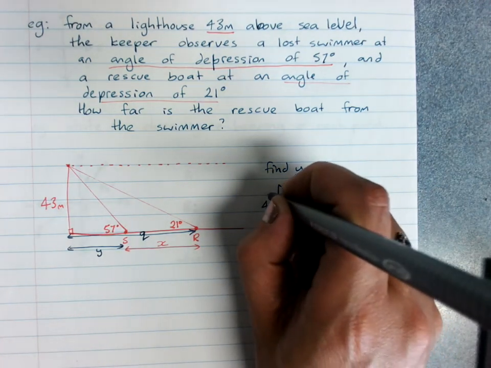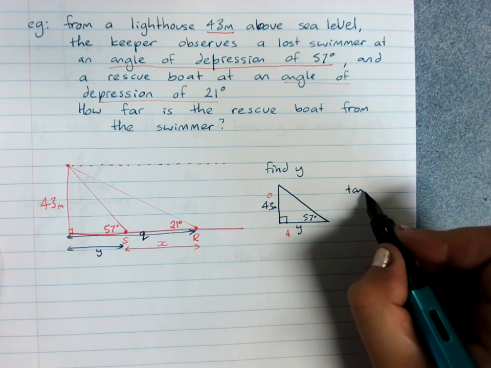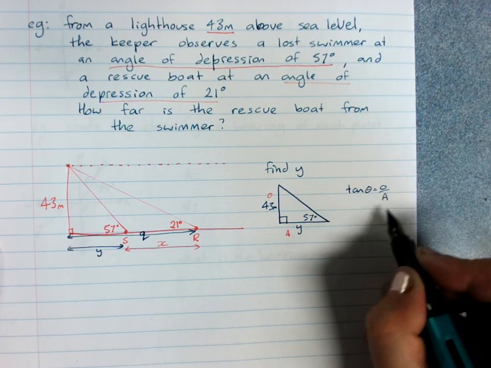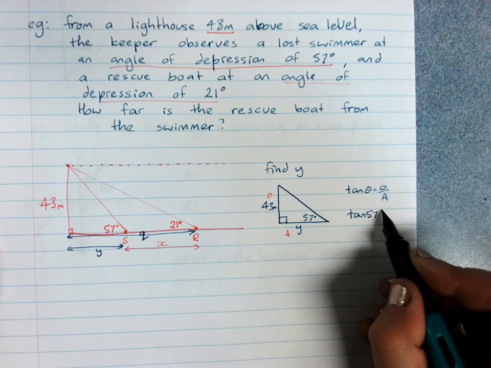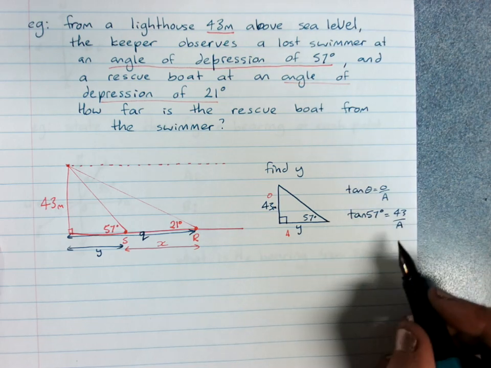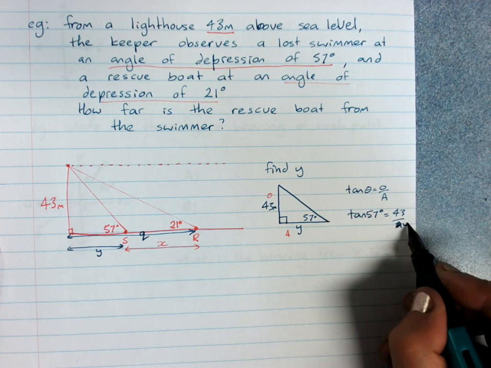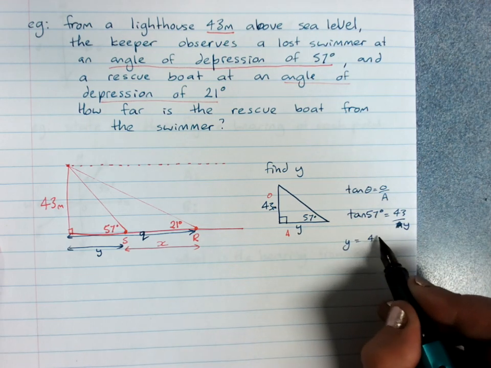Label our sides. We do get a lot of the tan ratio with angles of elevation and depression. Substitute, choose your ratio, substitute your values. Oops, this is y. Unknown is on the bottom, so we are dividing.